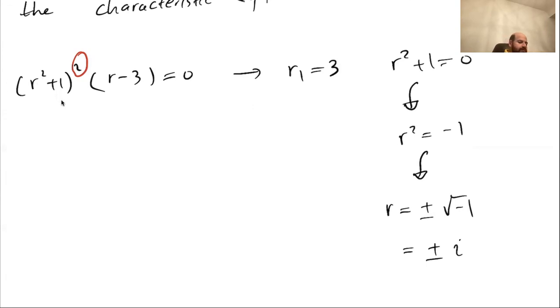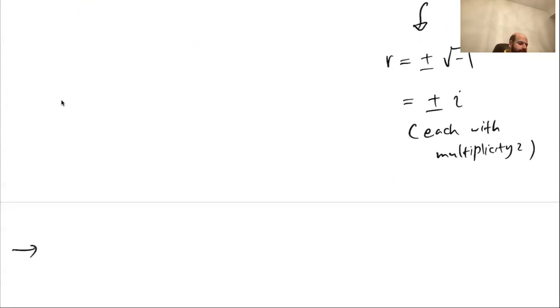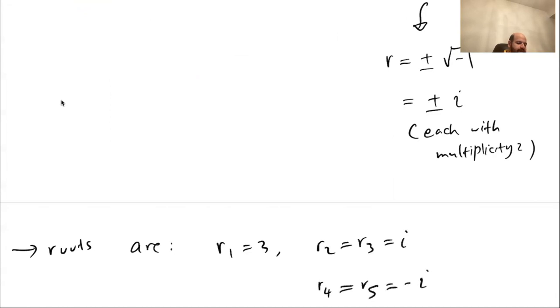So we can say that the roots are r1 equals 3, r2 equals r3 equals i, r4 equals r5 equals minus i, each of i and minus i with multiplicity 2.